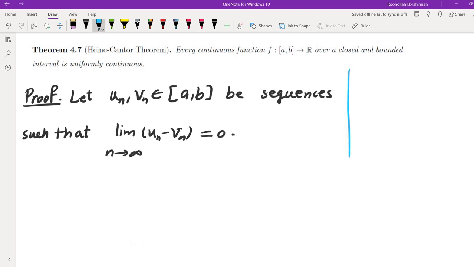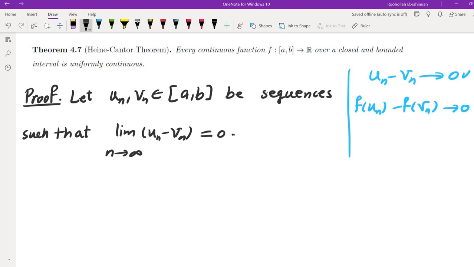So I start from un minus vn approaching 0, and I want to show f of un minus f of vn approaches 0. So this is the objective. I know this one, and the objective is to prove f of un minus f of vn approaches 0. How do we do that?